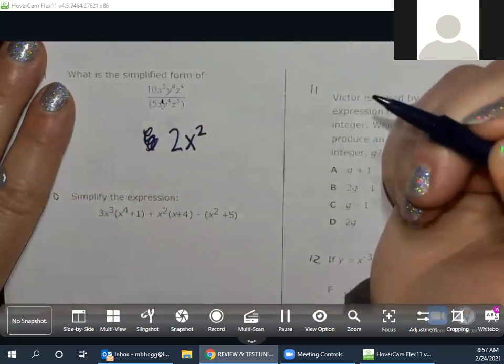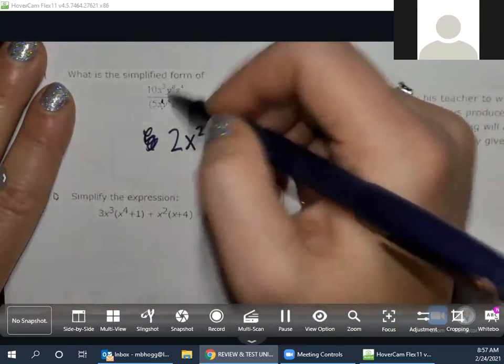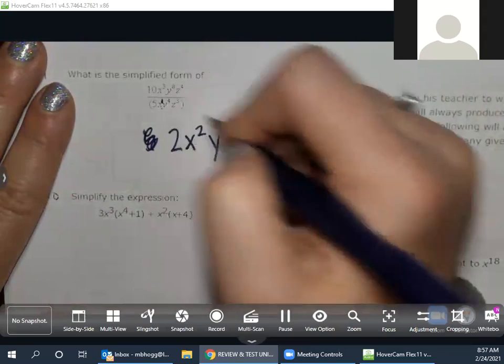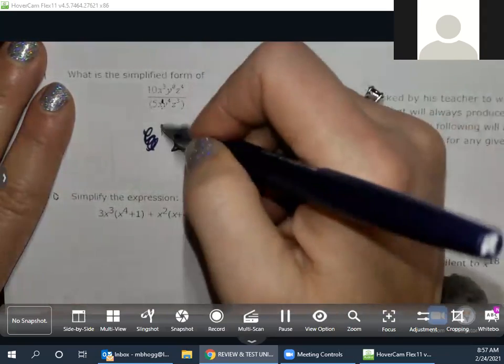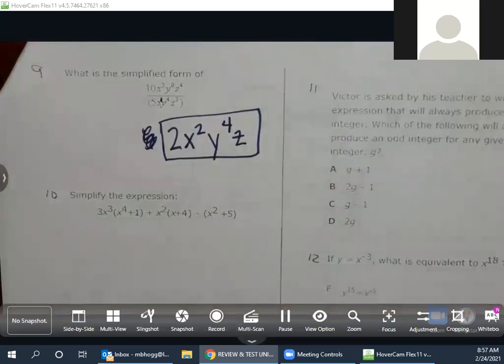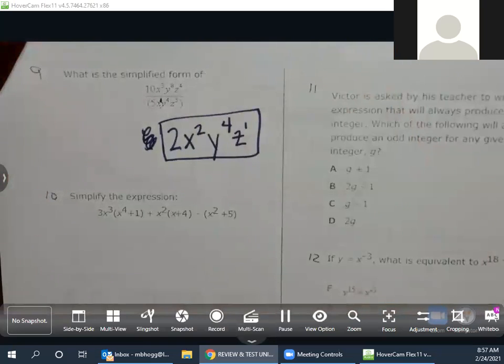So that's 2. 8 minus 4 would be 4. Y to the 4th. And z would be z to the 1st. Answer. You could put a 1. Yeah, that's fine. Your test is going to be multiple choice. So there's not any short answers on this test or gridables or anything.